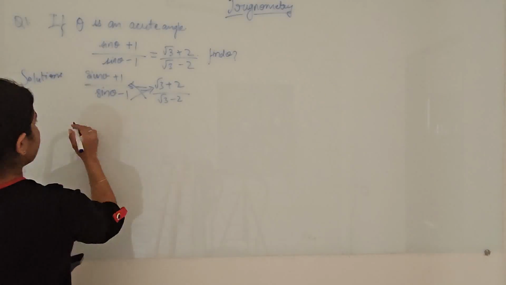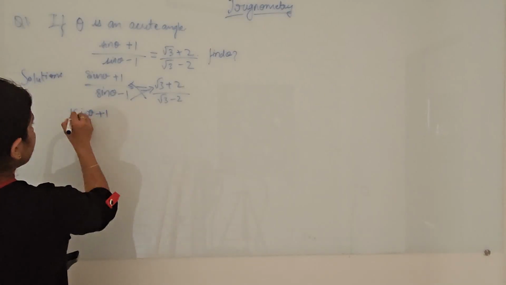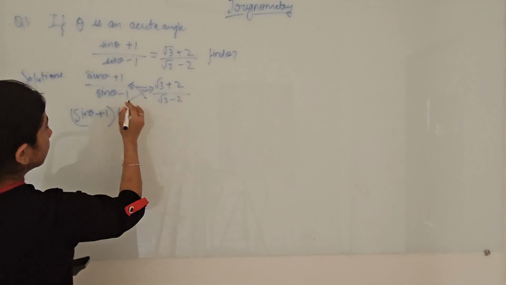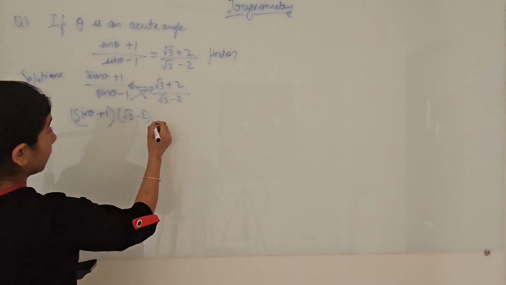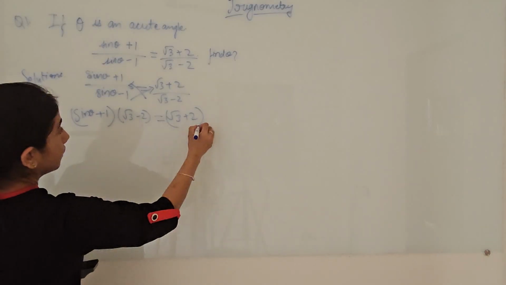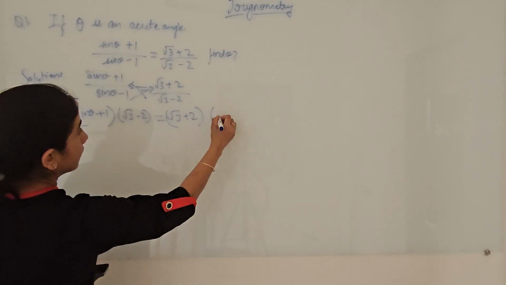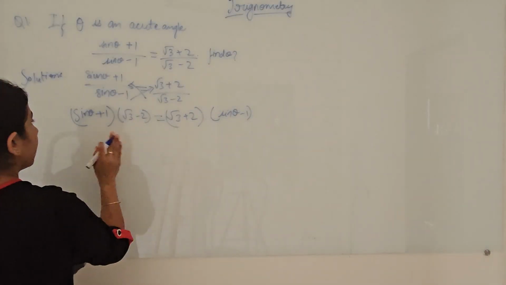After the cross multiplication, (sin theta plus 1) on the LHS and (root 3 minus 2) came on the LHS, and (root 3 plus 2) is multiplied with (sin theta minus 1).